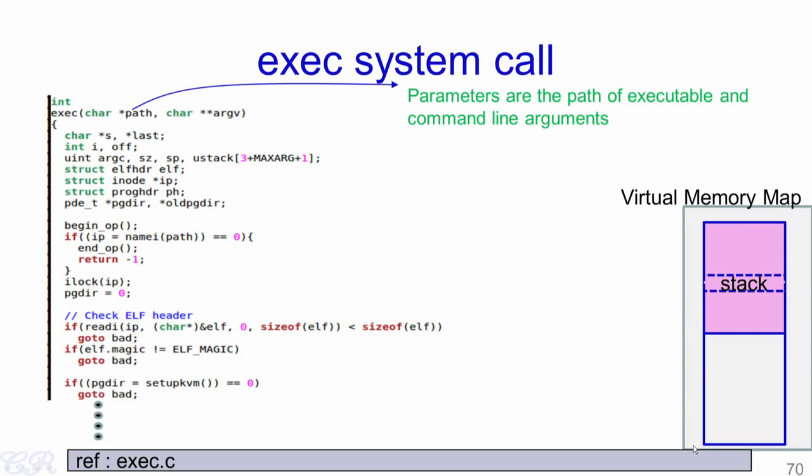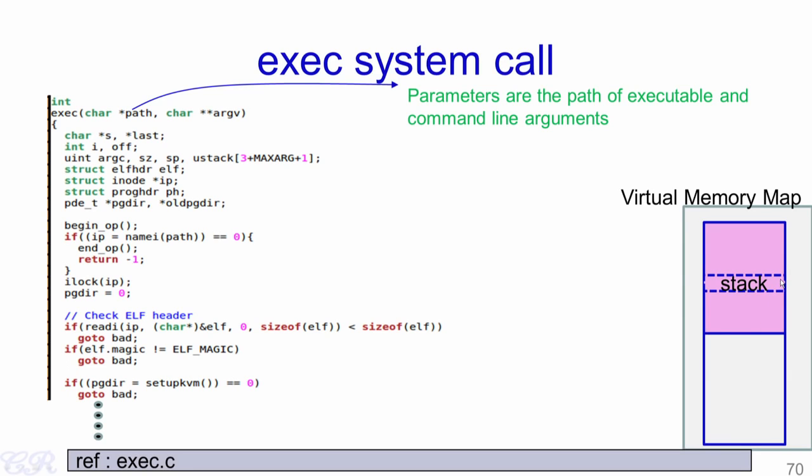Recollect that the exec system call gets invoked by the child process. First there is a parent process which forks, and in the child process the exec system call gets invoked. When the child process is created by forking, a virtual memory map is created for the child process, and as we have seen, the top area of this virtual memory map comprises the kernel code, while the lower half comprises the user code and data.